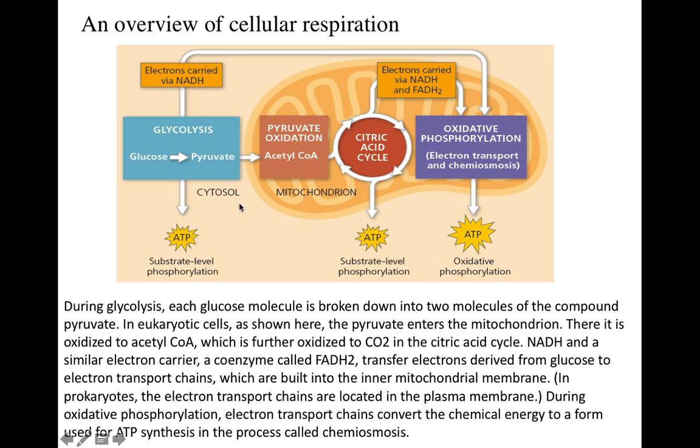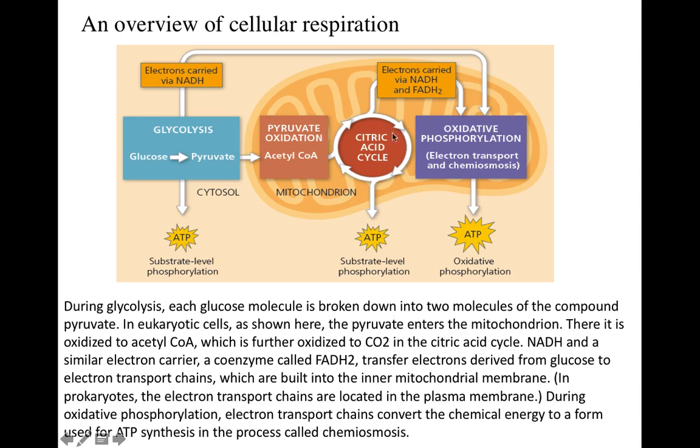Pyruvate from the cytosol then enters into the mitochondrion, where it undergoes oxidation and is converted into acetyl coenzyme A. Acetyl coenzyme A then enters into the citric acid cycle and is once again oxidized into CO2.